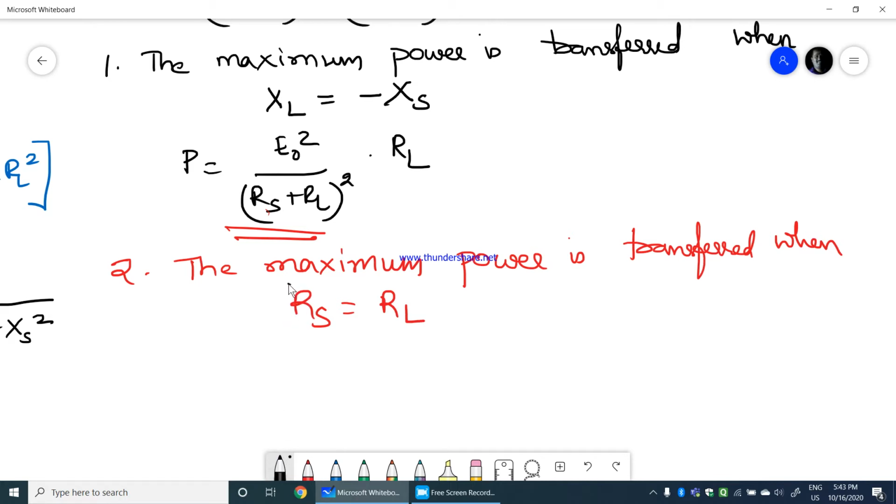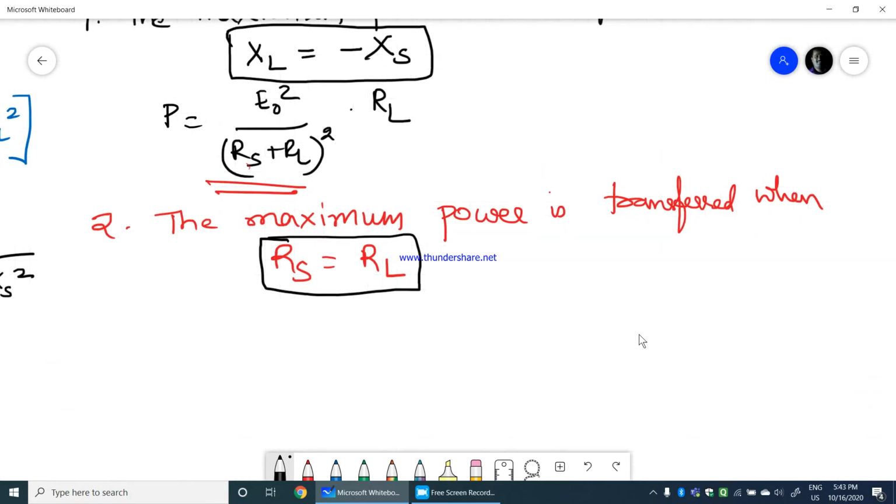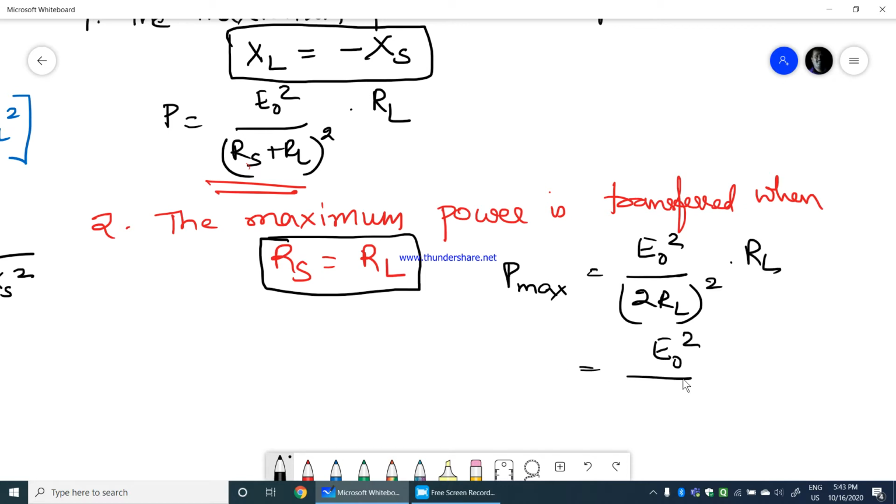So these are the two conditions in the third derivation, where XL equals minus XS and RS equals RL. Therefore, with these conditions, P max can be easily obtained as E naught square divided by, when RS equals RL, 2 times RL the whole square into RL. So you get E naught square by 4 times RL. So this is the P max.